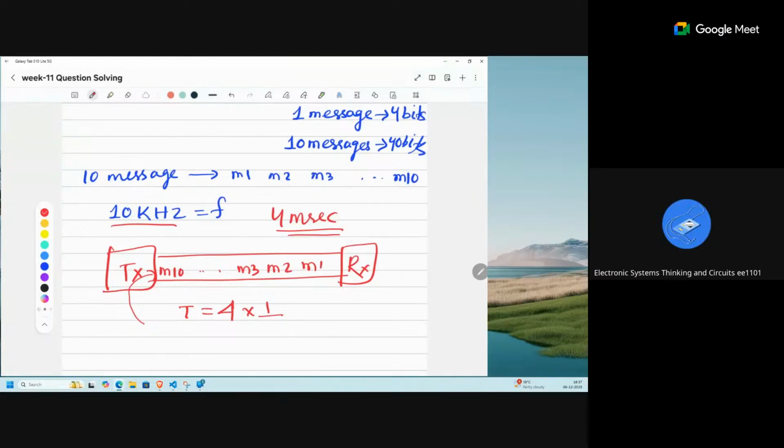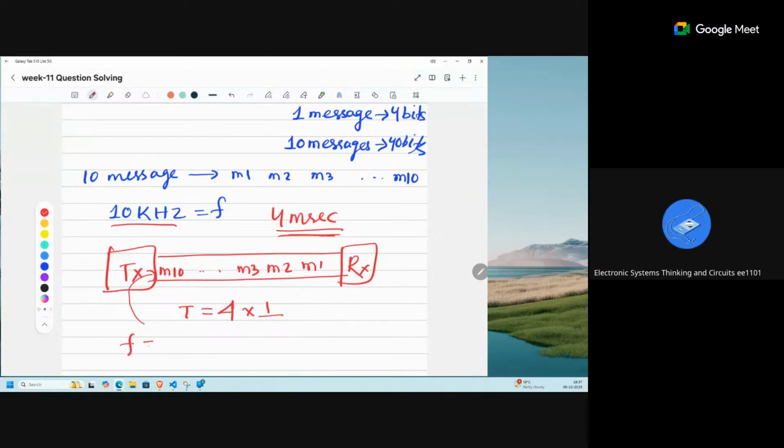I'm asking how you got 4 into 0.1 millisecond. For one message, it takes 0.4 millisecond. No, no, how did you get it directly? You should not say 4 messages; then you have to multiply 4 bits into the time period.